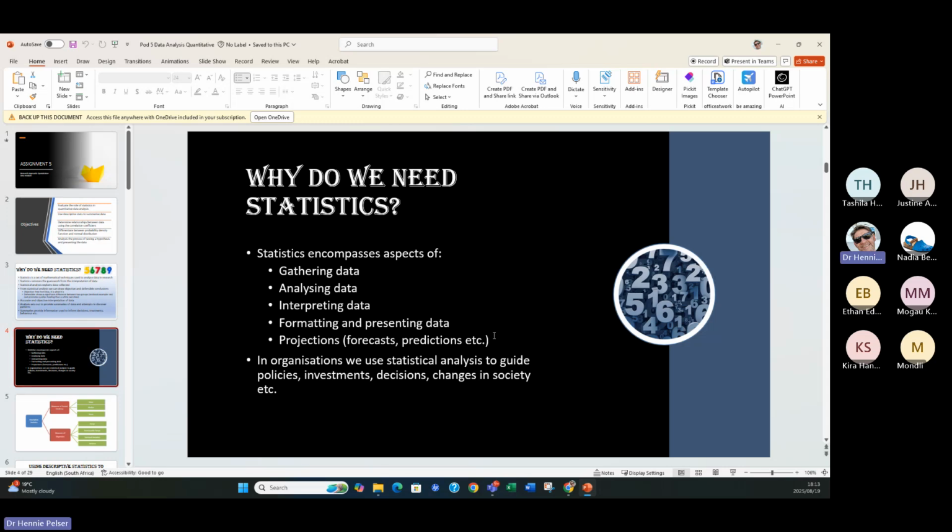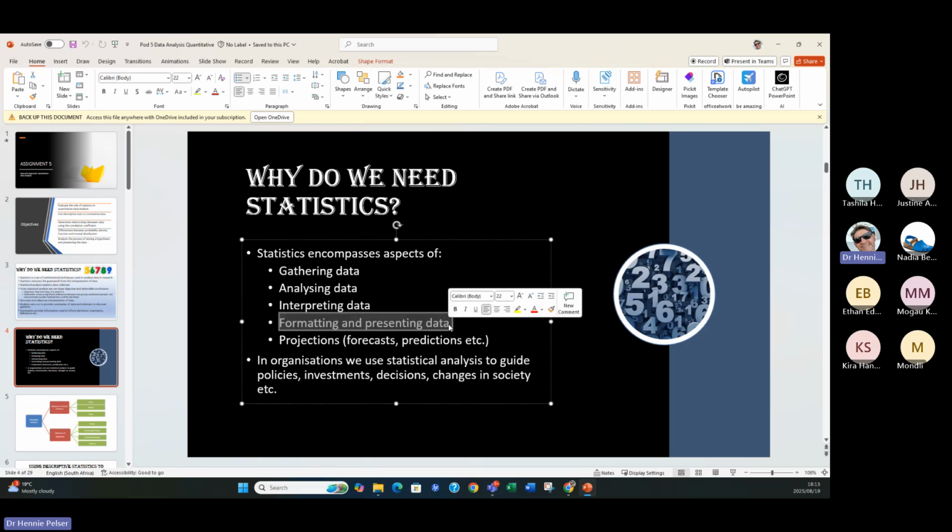In terms of formatting and presenting data, if you've used Google Forms or Microsoft Forms, I think it's called, this is fairly simple to do because there are wonderful summaries in Google Forms where you can simply cut out the actual graphs and the pie charts and whatever options there are and stick those into your document.